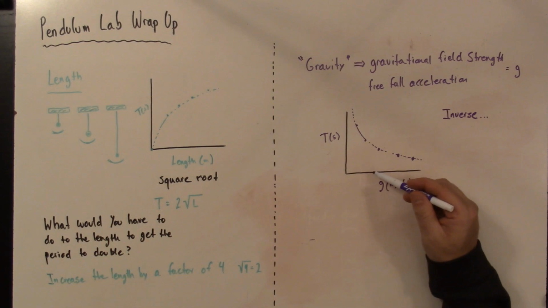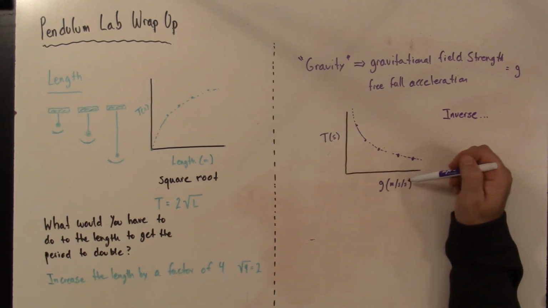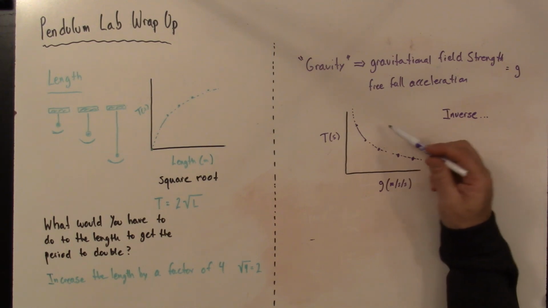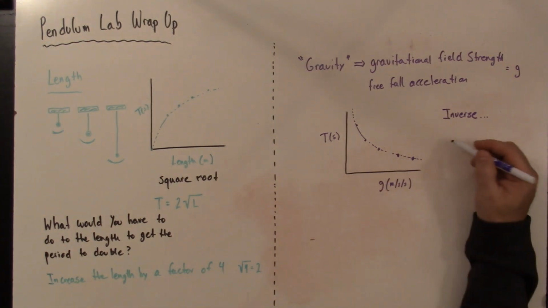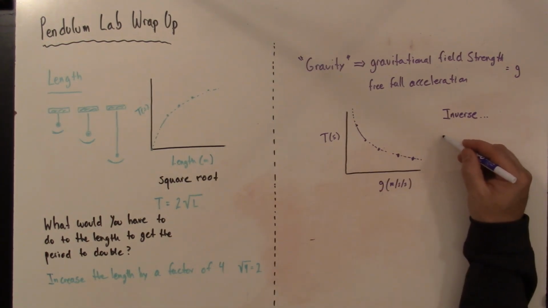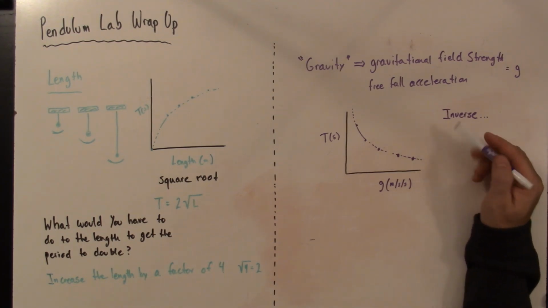It's inverse because as the gravitational field strength goes up, the period goes down. If you increase the gravitational field strength, the planet would pull harder, which means your pendulum would swing in less time there and back. But if you put this in Desmos and you try to find out an equation for it, what you realize is that it's not inverse square, it's something else.